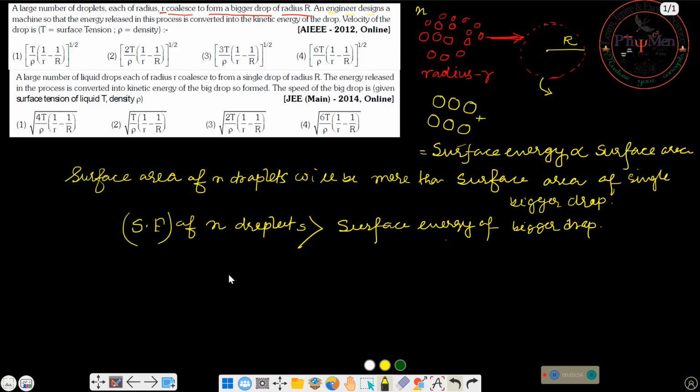Now when these n droplets merge to form a bigger drop, there is a decrease in the surface energy. That means decrease in the potential energy of the surface.